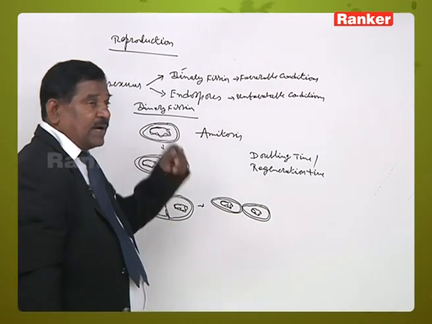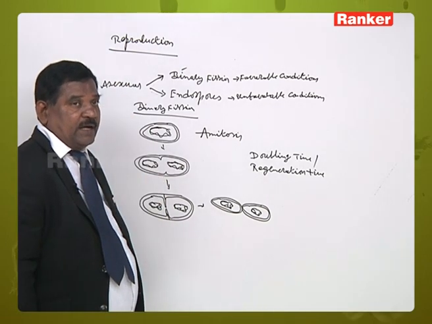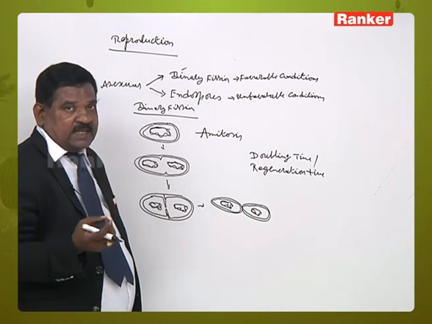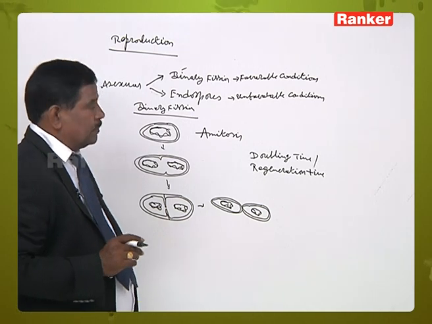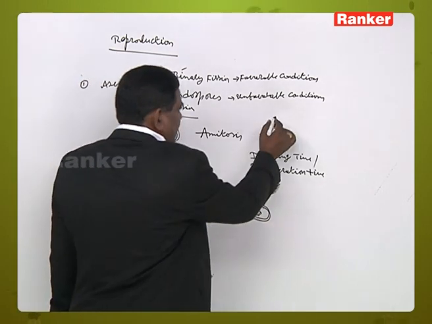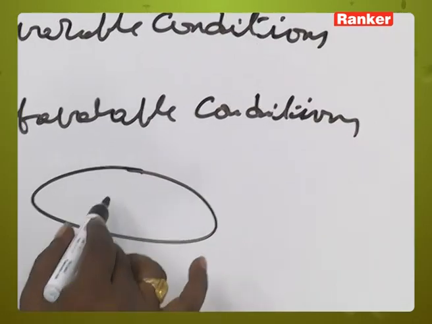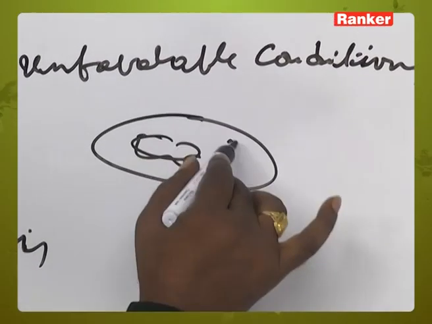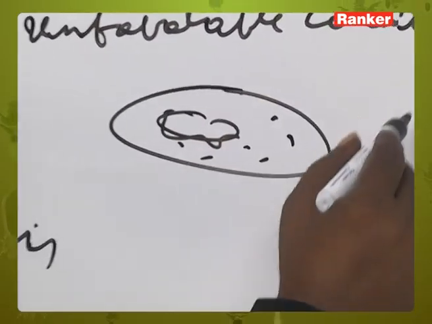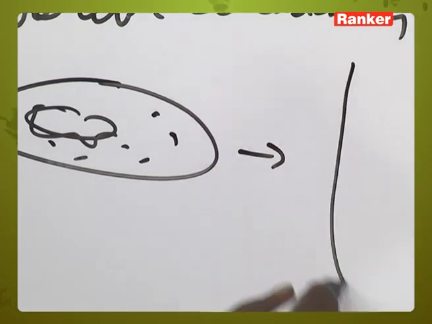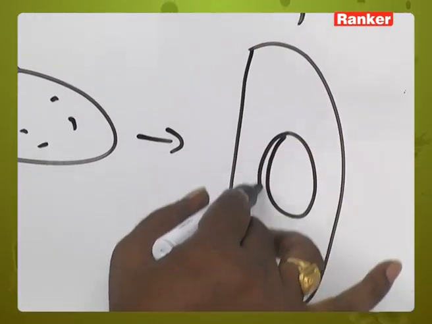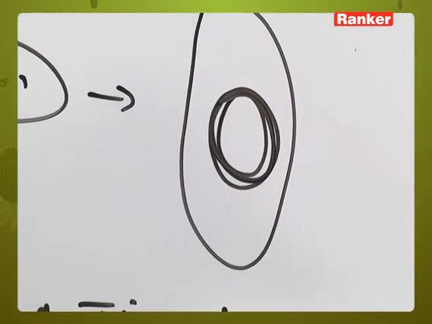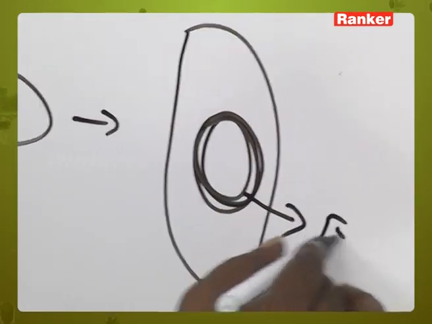In unfavorable conditions, in some bacteria, the protoplast contracts, a thick wall is formed, and it becomes a spore called endospore. Suppose it is a bacterium: nucleoid present, cytoplasm. In unfavorable conditions, this protoplast contracts, around that a thick wall is formed, it becomes a spore called endospore.